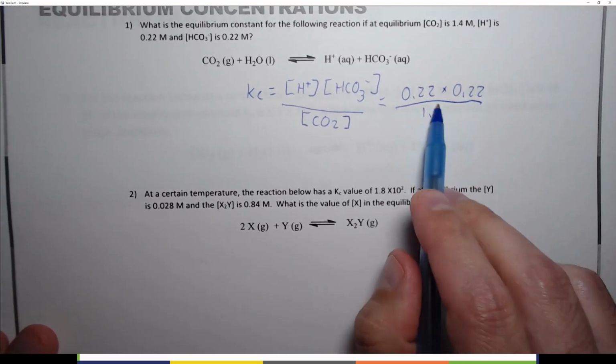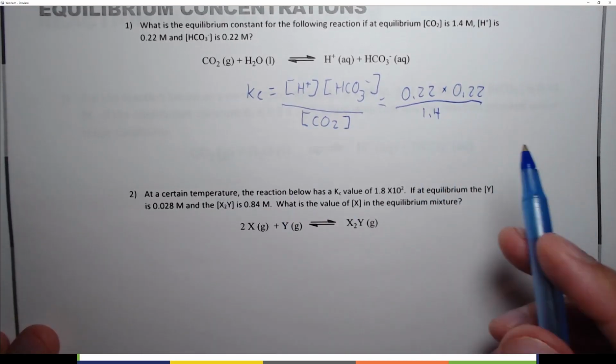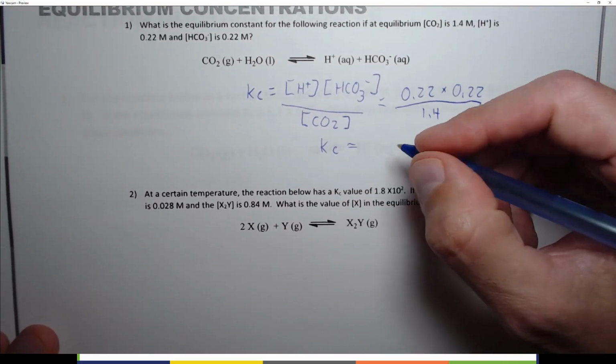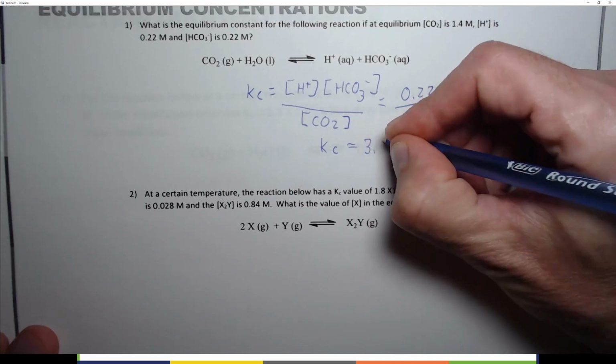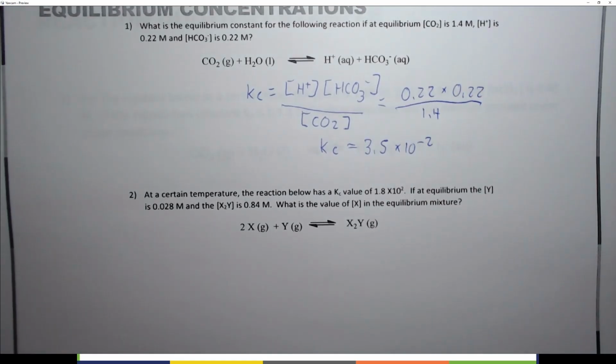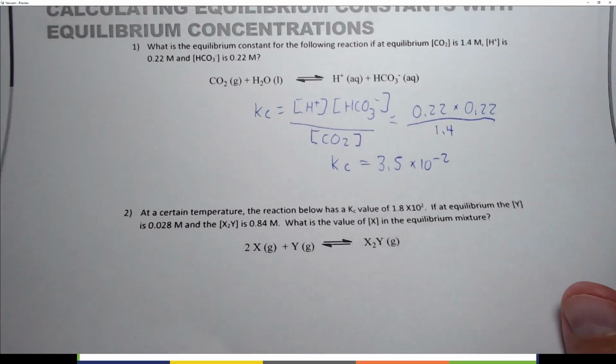All right, and I'm ignoring units because these K values don't usually have units. And when I do all that math, I find that Kc for this particular one is 3.5 times 10 to the minus 2. Okay. Next one.